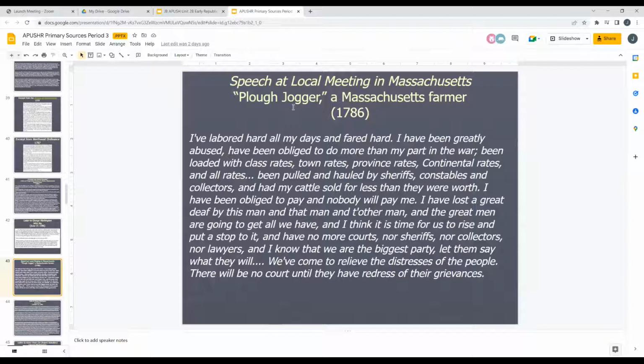Pretty strong. But let's understand his perspective. I've been obliged to do more than my part in the war. We can assume, just like Daniel Shays, he is a veteran of the Revolution. They were promised to be paid. The national government has been struggling to pay salaries and pensions of the revolutionary veterans.